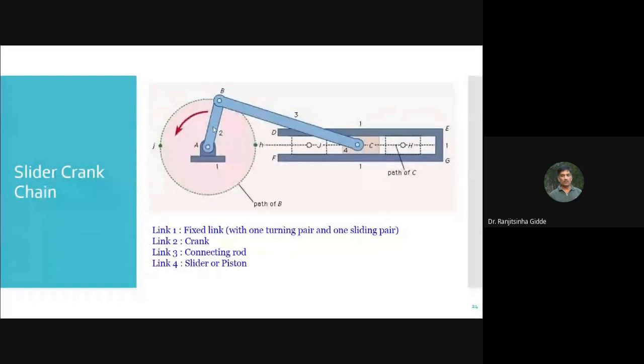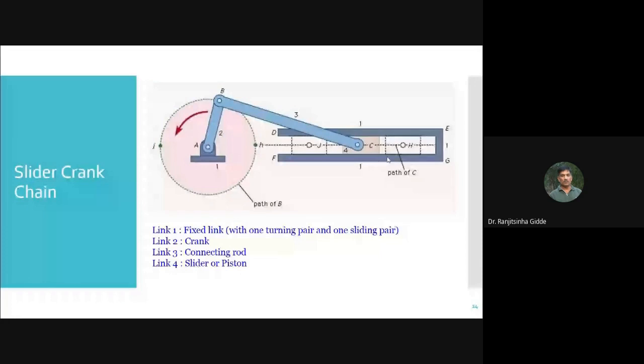Or now suppose we are going to rotate this link 2 in this direction, that will be the input, then it is called a driver. And this piston has to move along this axis, then this piston is called a follower. So this is the difference between the driver and the follower.